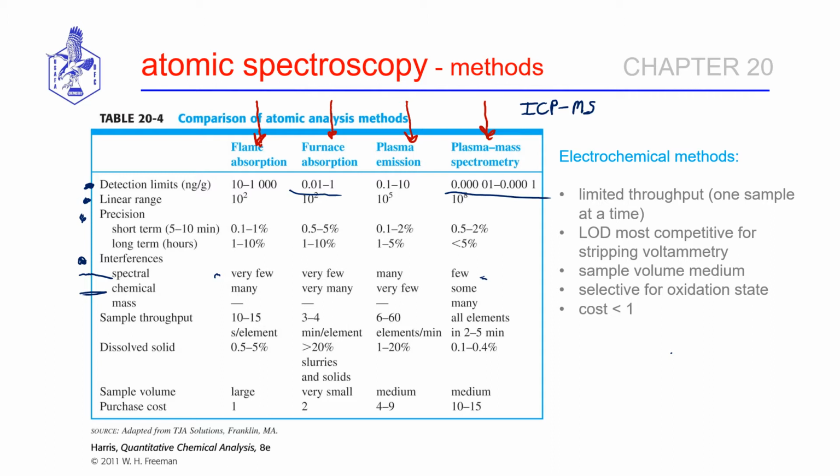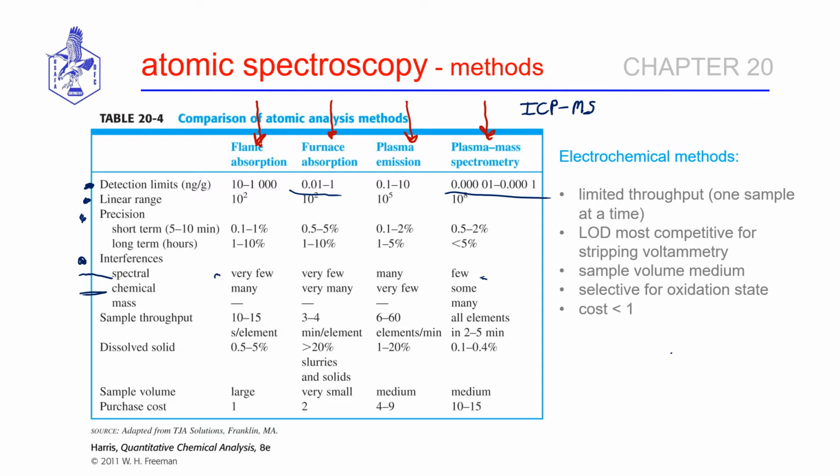Sample throughput. This is a practical consideration: if you're a laboratory that makes its money by analyzing a lot of samples in a day and you charge on a per sample basis, you want a high sample throughput. Some instruments come with what we call autosamplers, where you can load up a tray with 100 samples and it will sequentially analyze one right after another.